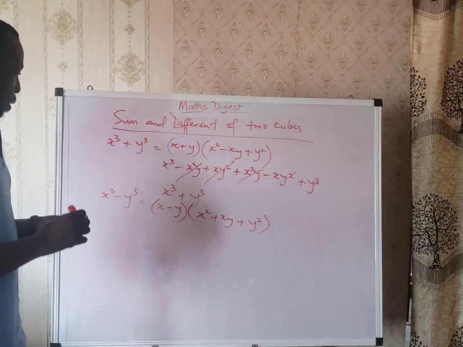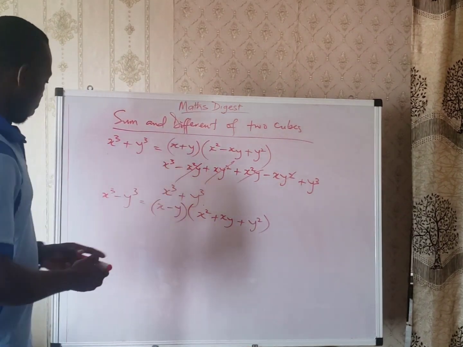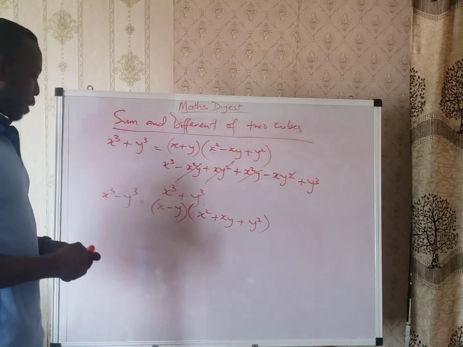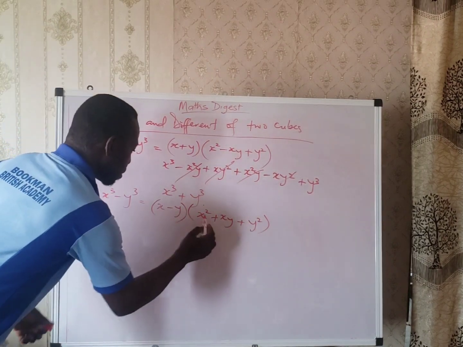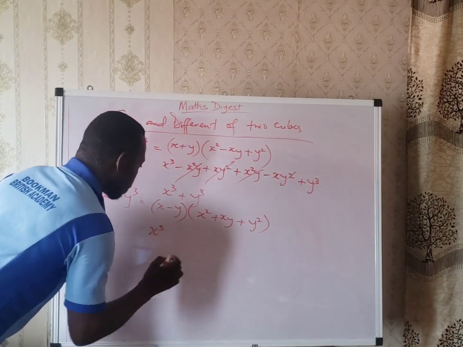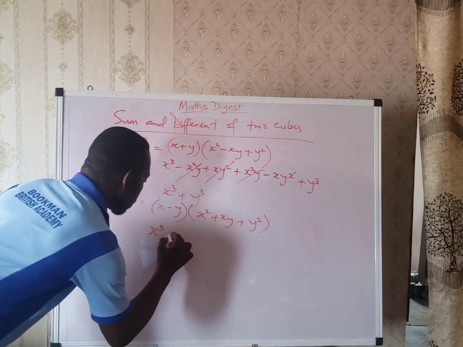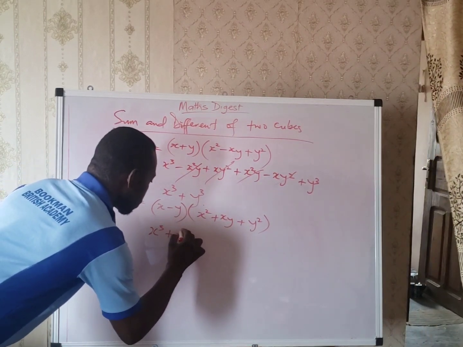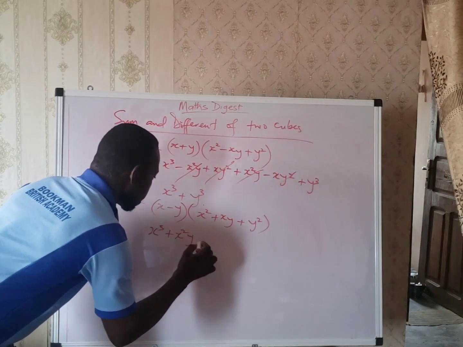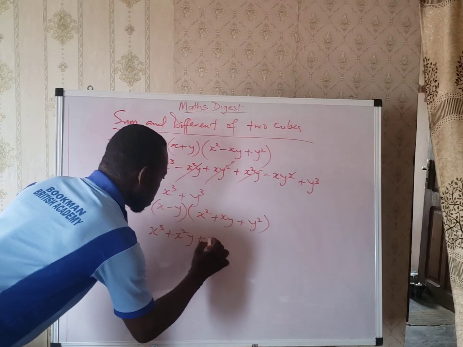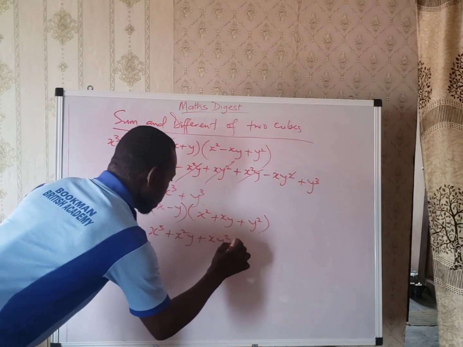Okay, ladies and gentlemen, if we expand it as we did here, we are going to get back to this. Can we do that quickly? All right, this times this will give you x cubed. This times this will give you plus x squared y. This times this will give you plus xy squared.